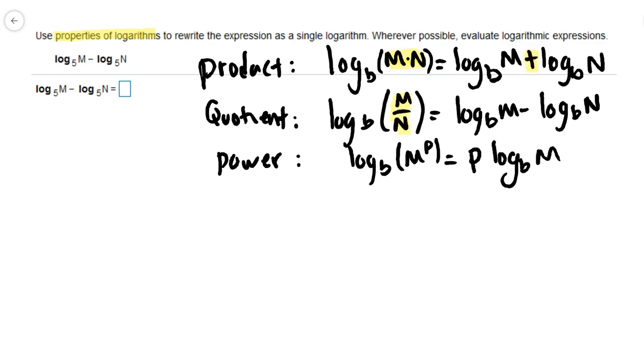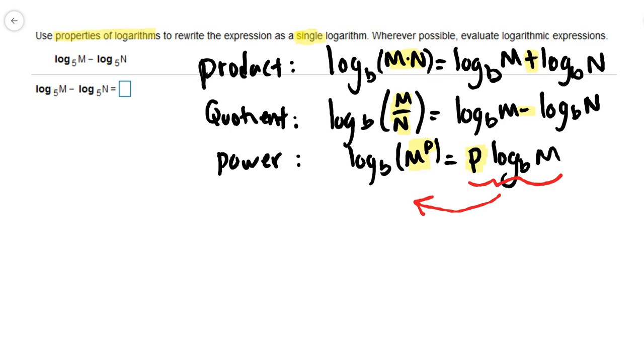If we have a quotient inside the log, we can turn it into the difference. And if we have a power, we can bring that power out front as multiplication. Now we're going the other way, starting with an expanded form working towards a condensed form, which is a single logarithm.